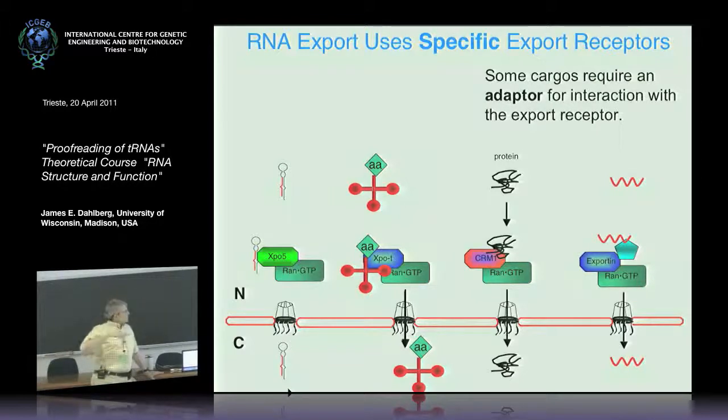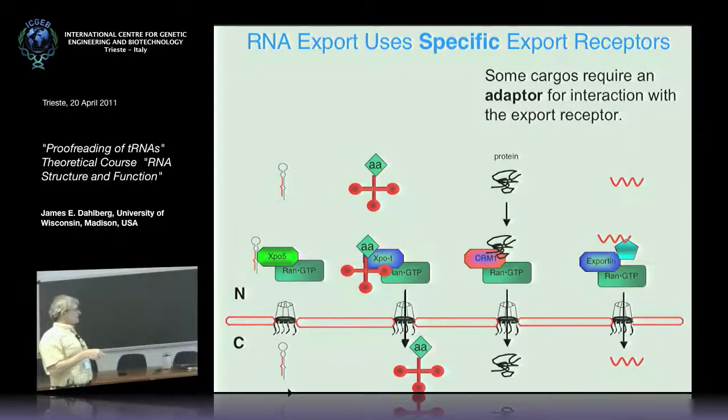Sometimes the cargo will not bind directly to an export receptor, but has to use a protein as an adapter. Not all RNAs will bind to export receptors. And in this case, we call it an adapter, and I've just drawn it as a little pentagon here.